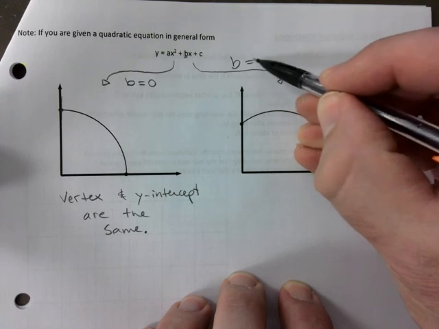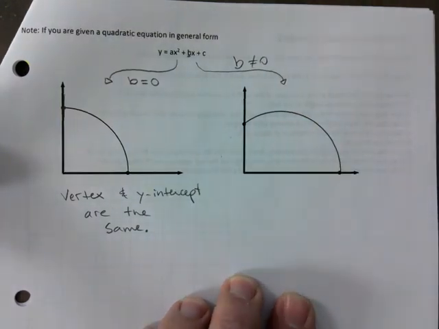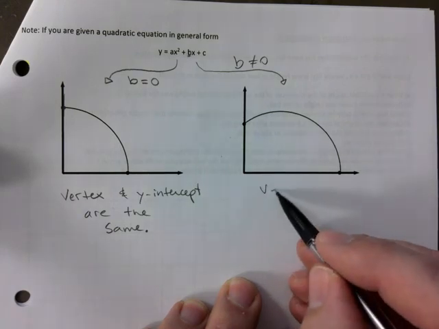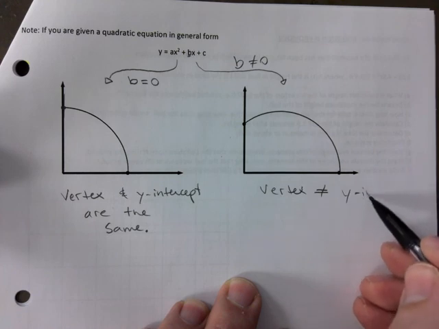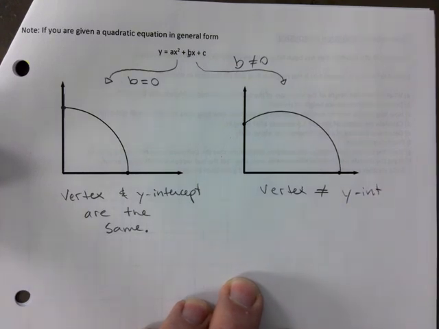If b is not equal to 0, the vertex is not the same as the y-intercept. That's all I wanted to do with this slide here.